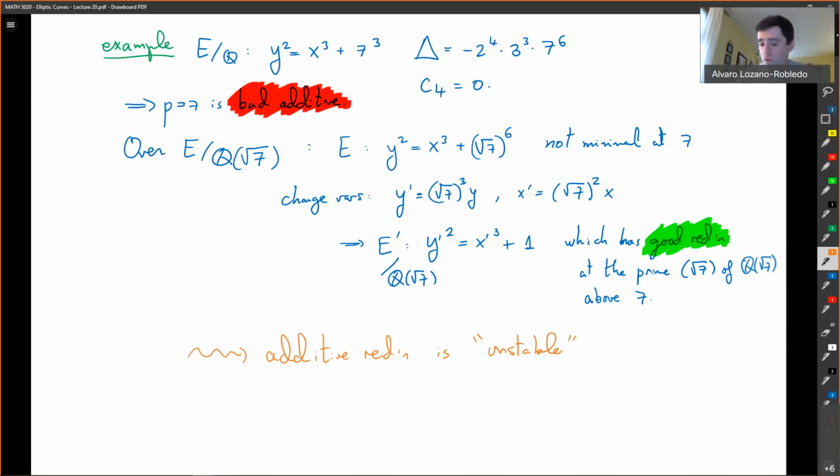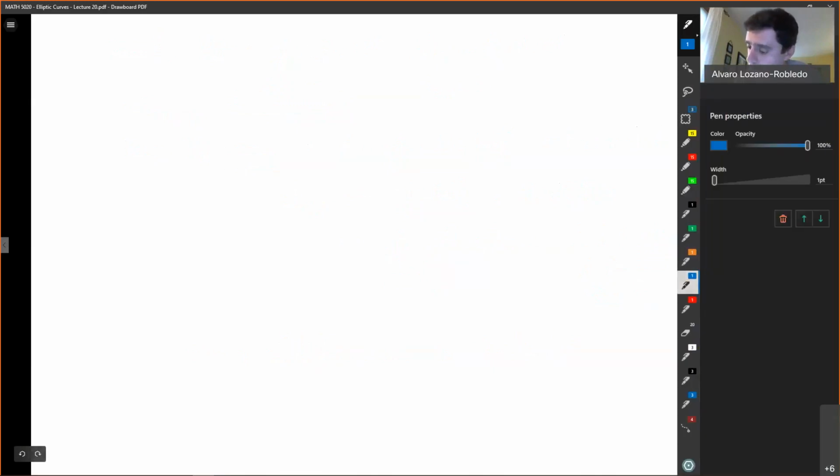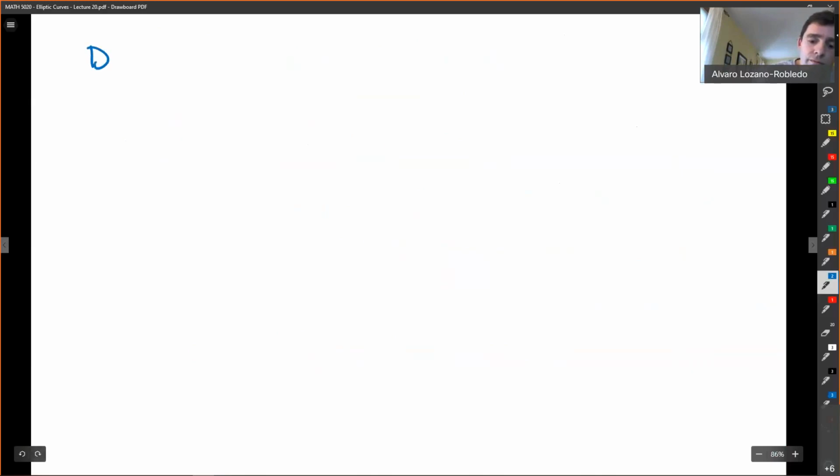Okay, so we are going to define things in that vein. So let me increase this now back to 2. So, definition: let E over K be an elliptic curve.